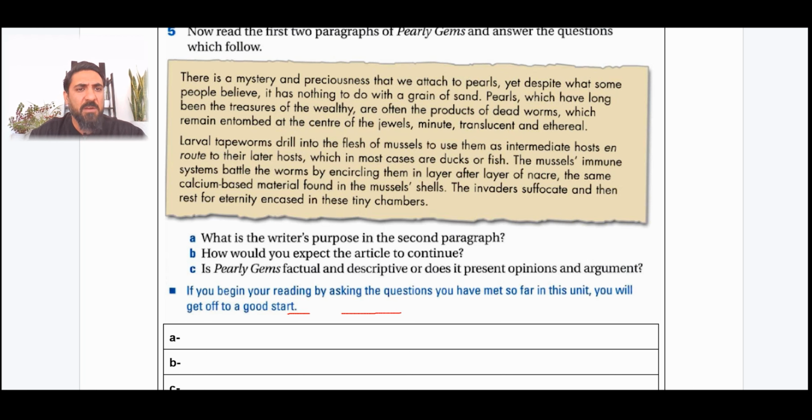Now, the second paragraph explains in more detail what happens when these worms go into the muscles of flesh and muscles and use them as intermediate hosts en route to their later hosts, which in most cases are ducks or fish. So it says that these worms drill into the flesh of mussels. And you know what mussels are?